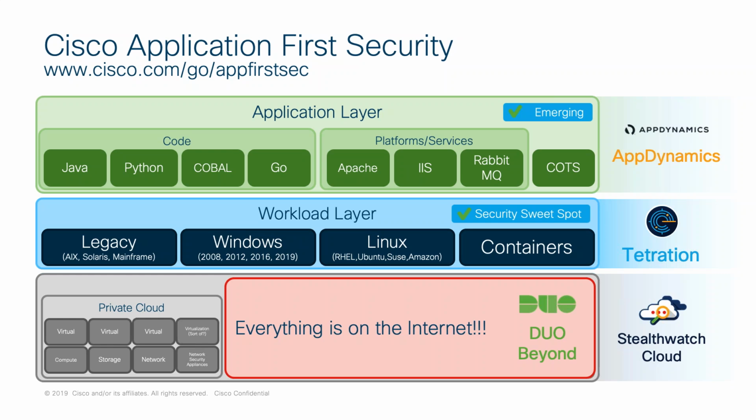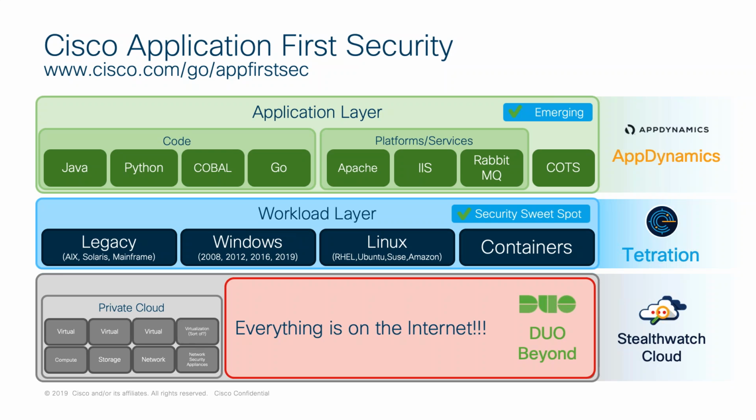We acquired Duo about 1.5 years ago, and people oftentimes think about Duo as just multi-factor authentication, but one of the really interesting pieces here is that Duo Beyond has the ability to do a cloud agnostic identity aware proxy, which can really help us simplify and secure access to those application environments without making major changes or distributing that among all of the individual workloads.